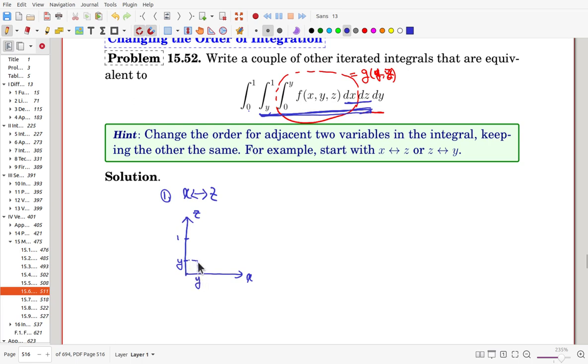So in fact, this one is a square. But for z moving from here to there, and x moving from 0 to y, the region is considered as this rectangle. For a rectangular region, we can exchange quite easily. And we can also see easily that here the region is independent of y.